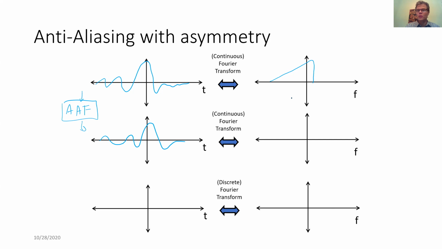What you can think of the anti-aliasing filter as doing in frequency space is multiplying by some rectangular function, and so this is the frequency axis.